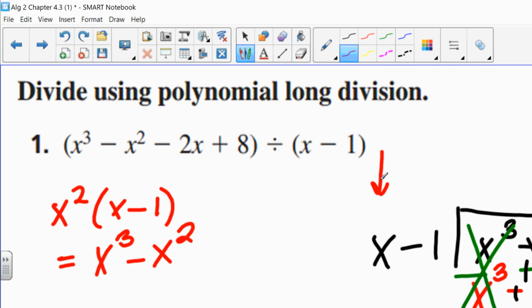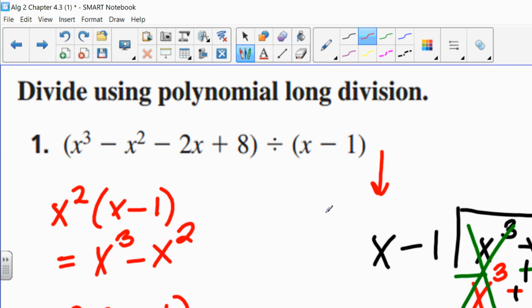So, what times x is negative 2x? That would be negative 2. So we do negative 2 times x minus 1. Well, negative 2 times x would be negative 2x. Negative 2 times negative 1 is positive 2.